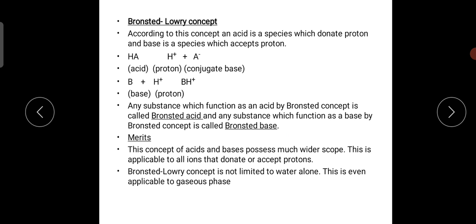Then the merits. This concept is applicable to all ions that donate and accept protons. It is not limited to water alone, and it is also applicable to the gaseous phase.